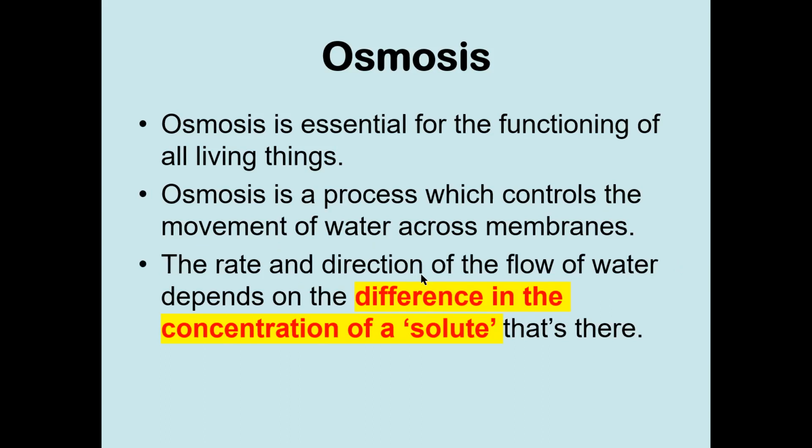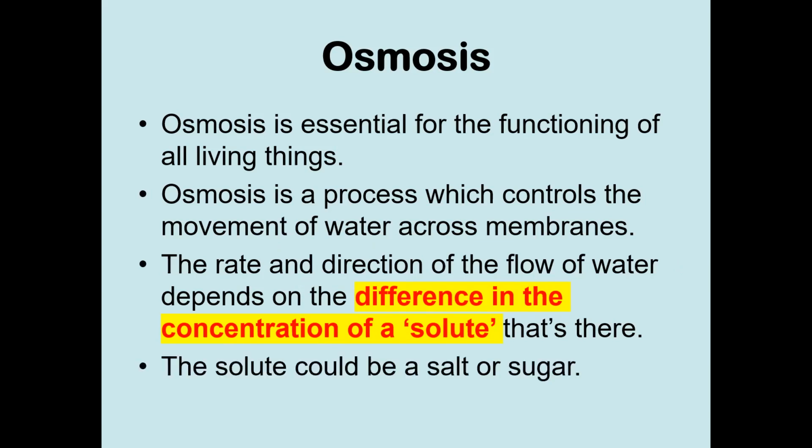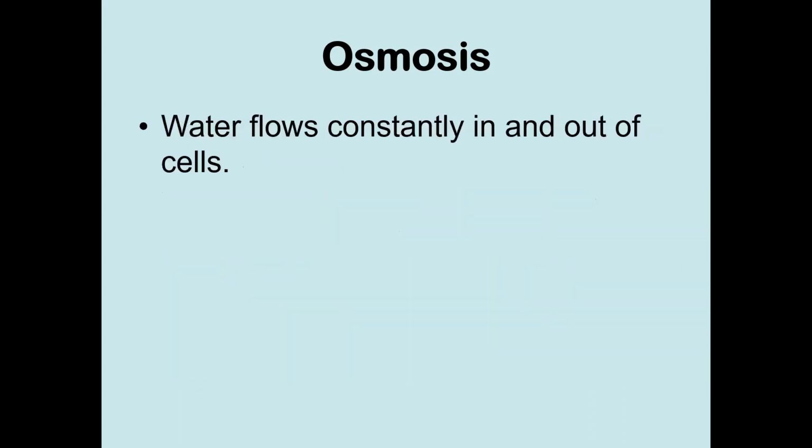So the rate and direction of the movement of water depends on the difference in the concentration of a solute. Now, we have water, which we call a solvent, and the solute is the other molecule, like sugar or salt, could be other things, but they're the main ones for us. So we have solutes in solvents, and then you get what's called a solution.